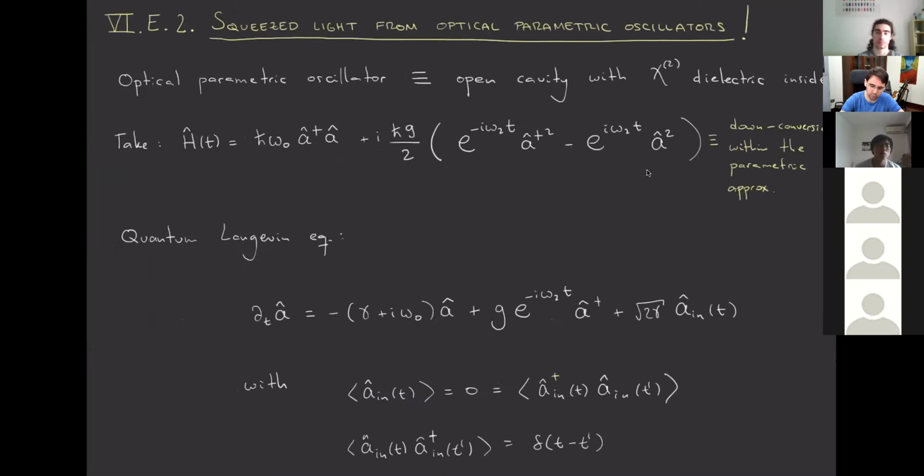So the first thing I want to do is that you see that this equation depends on time explicitly. So we are going to do a variable change or move to a rotating picture in order to discount this time dependence, this rotation.